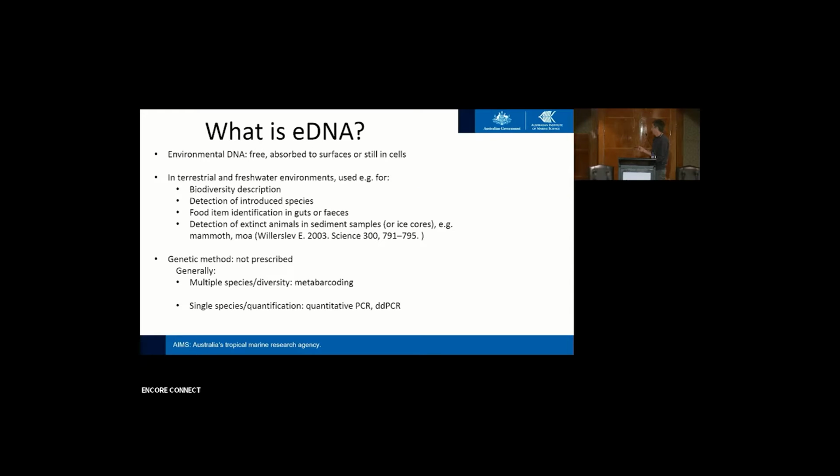So it's been used a lot for detection of introduced species in freshwater environments, but also in sediment cores, identification of predators, of prey, in guts and feces of species is also a very common usage, and detection of extinct animals in sediment samples, for example, like from New Zealand, there's sediment cores documenting the death or the extinction of the moa, and similar cores exist from North America.